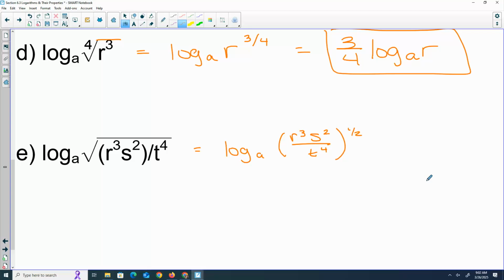If you have a 1/2 power in front, you could take that to each individual term or bring it down at the front. I'm just going to simplify up here. If I distribute that 1/2 to each of them, then it becomes r to the 3/2, s to the first, since 2 times 1/2 is 1, and t to the 4 times 1/2, which is 2.